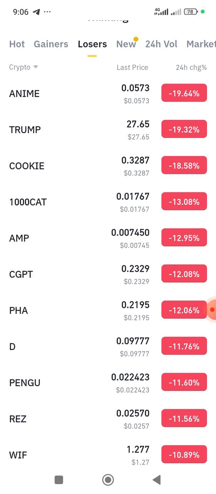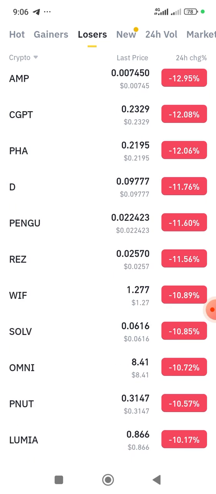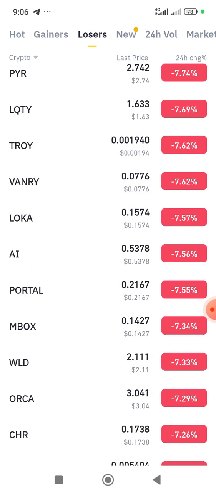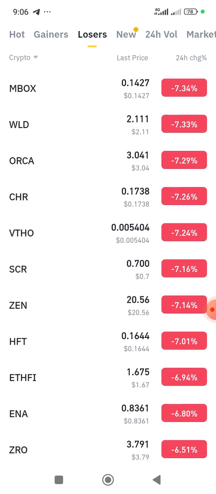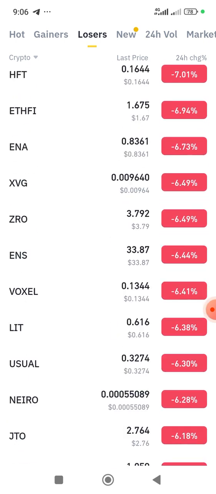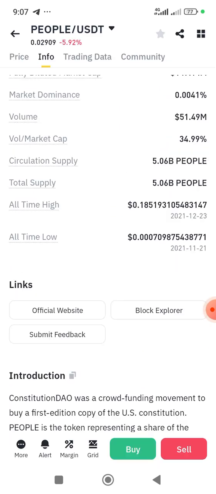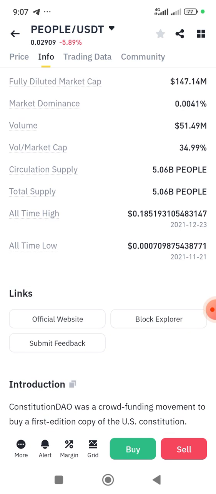The reason why I say it's advisable is that if you look at all these coins, I want to show you something that will encourage you to invest on a long-term basis. Let me just pick one coin here. Okay, for example, let me pick this coin. This coin in 2021 was $0.0007 per one. Now what is the price?